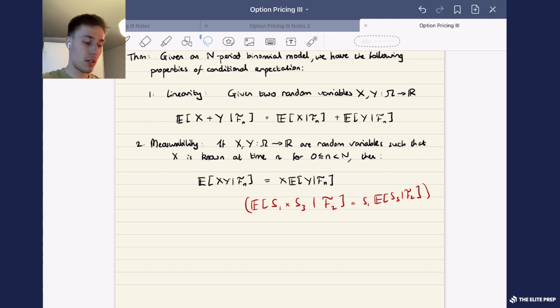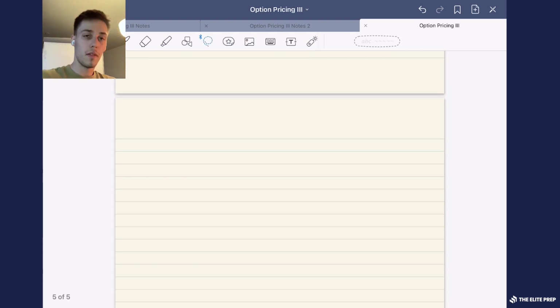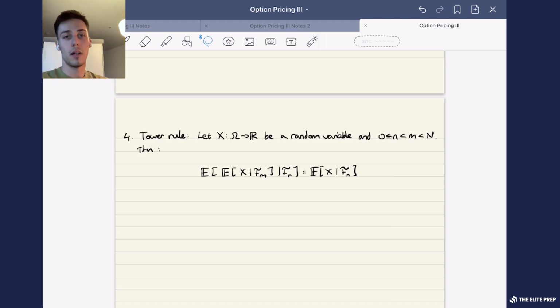The next part of this theorem is independence. Whenever we have a random variable that does not depend on any of the time points up to time n, then the expectation of that random variable given the filtration is just equal to the unconditional expectation of that random variable. Finally, another really important part is the Tower rule. The Tower rule allows us to iterate conditional expectations, and the result is that the conditional expectation with the earliest time is the final conditional expectation.